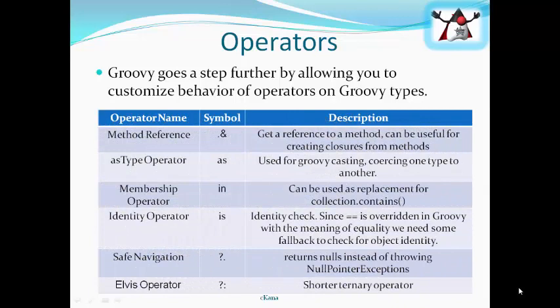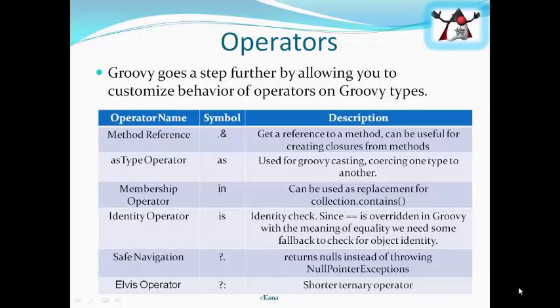The method reference is the symbol that gets a reference to a method, and can be useful for creating closures from methods. Then we have the as type operator, which is used for Groovy casting, coercing one type to another. Then we have the membership operator, which can be used as a replacement for collection.contains.